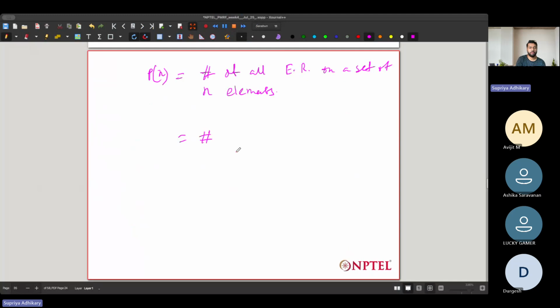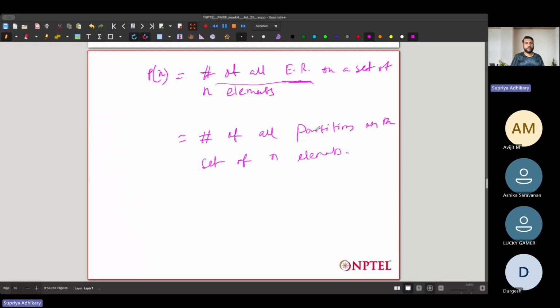So basically what we have to do is find the number of all partitions on the set of n elements. So this is what we have to find. Instead of finding the number of all possible equivalence relations, we will find the number of all possible partitions on the set.